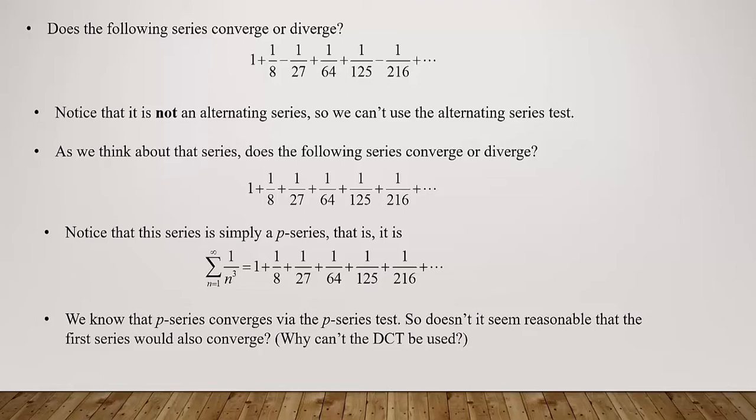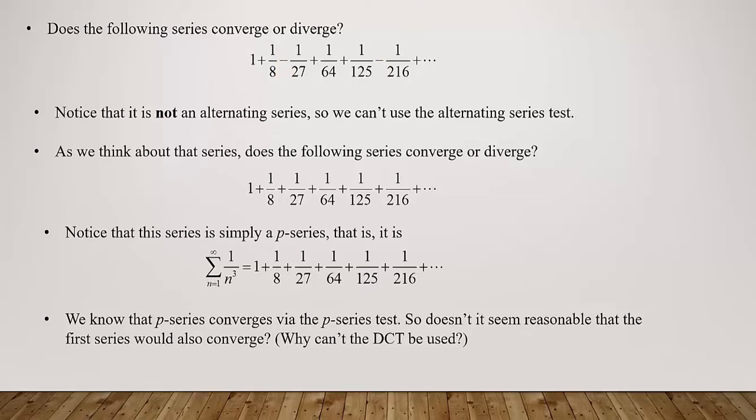So doesn't it seem reasonable that the first series at the top of the slide here would also converge? I mean, if the series of all positive terms, the p series, converges, doesn't it make sense the series where every third term or every second term we are subtracting, we're subtracting out a little bit?